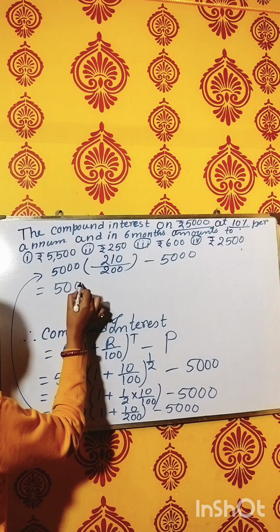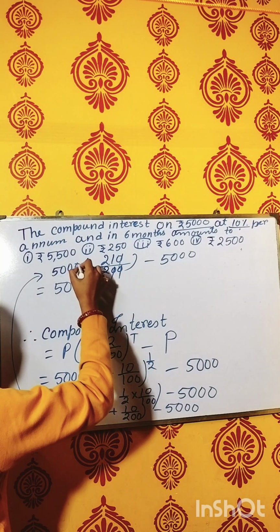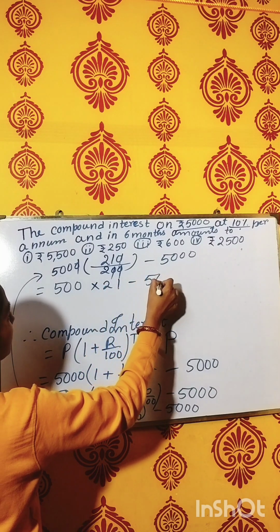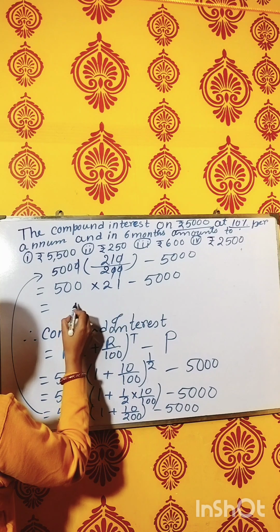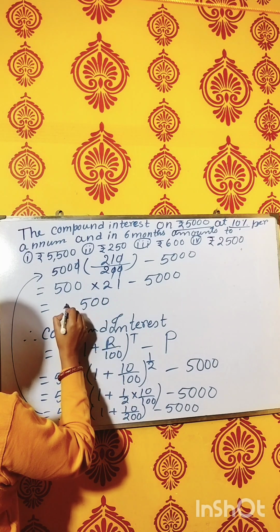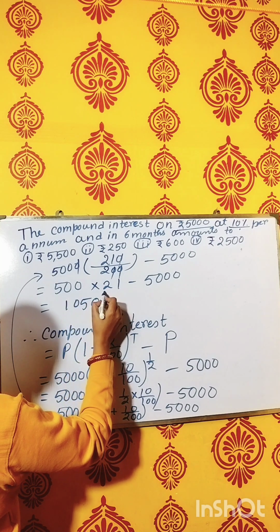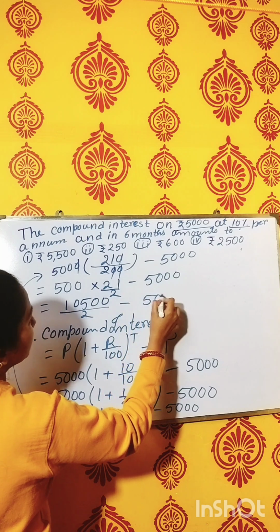Therefore 5,000, 1 zero will be cancelled and 1 zero will be cancelled. Then 500 multiplied by 21, minus 5,000. Now multiply 500 with 21. 2 zeros will be put. 5 ones are 5. 5 twos are 10. Now this divided by 2 and this divided by 2, minus 5,000.